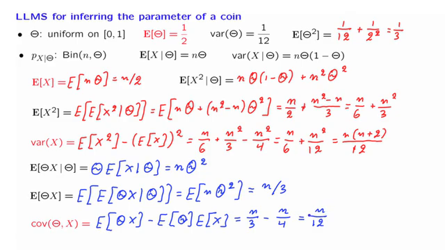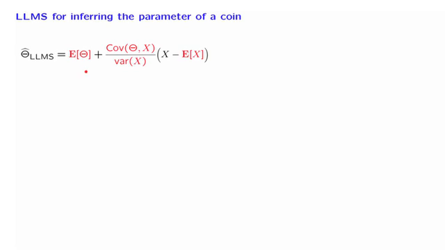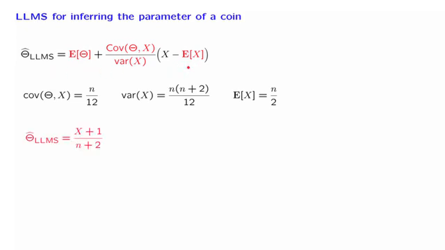So we have succeeded in calculating all the quantities that are needed in the formula for the linear least mean squares estimator. We can now take those values that we have just found and substitute them in this formula, and after a little bit of algebra and moving terms around, everything simplifies to this expression. Just to verify that this makes sense, what is the coefficient next to x?